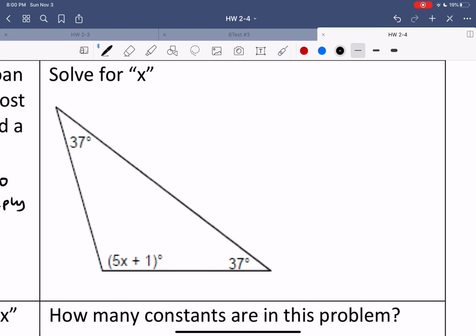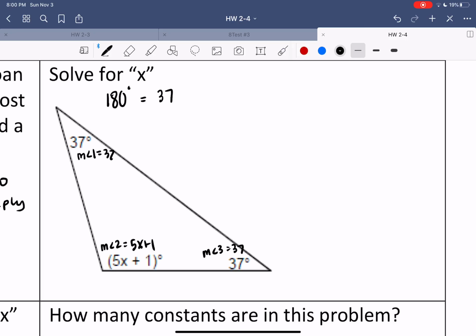All right, here we have solve for X. So when we see degrees, we know that we are going to be dealing with degrees on the inside of a triangle. We know the interior is 180 degrees. And that means that we can add, if the measure of angle 1 equals 37, the measure of angle 2 equals 5x plus 1, the measure of angle 3 equals 37, we can add all of those up and set them equal to 180.